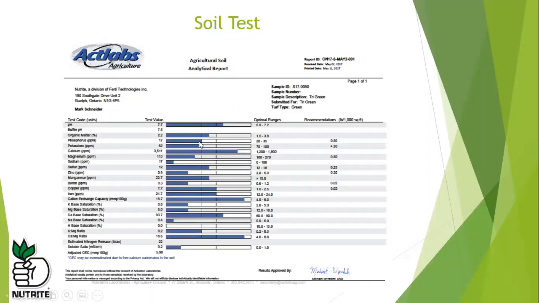In this case, we have 17 ppm, a little bit on the low side when the recommendation would be between 20 and 35 ppm. Potassium, calcium, magnesium, and other elements are expressed down the chart here. Really what we're looking for in soil tests for turfgrass are the top 10 or so of these elements. Some of the minor elements can be lacking as well and have a great influence on turfgrass performance.